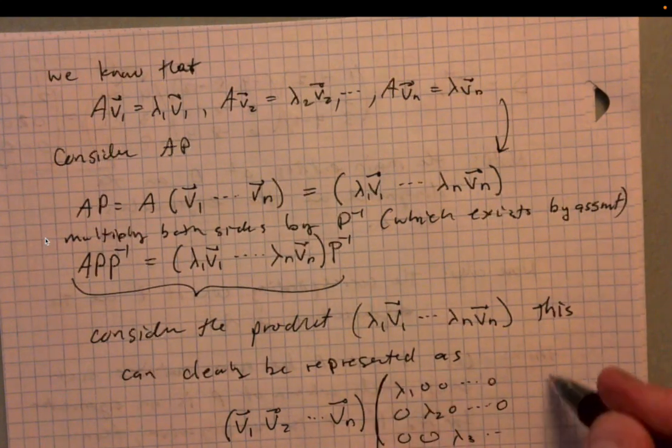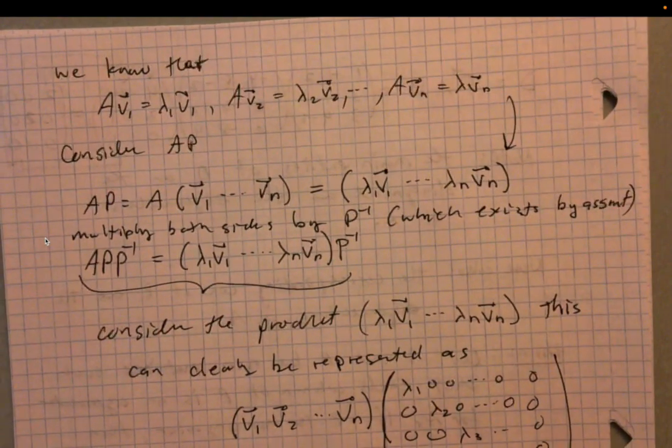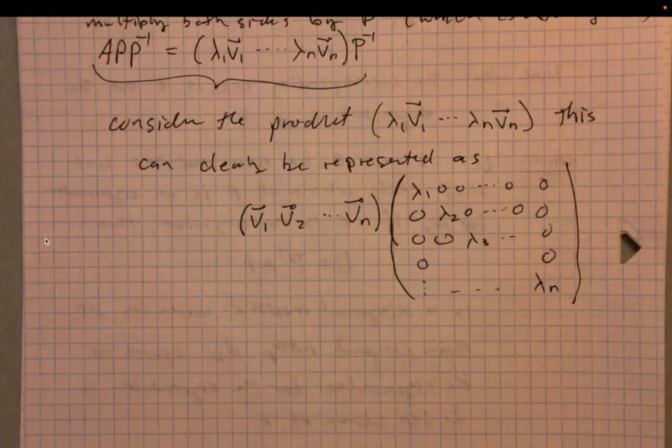So some other matrix where everything off the diagonal is 0.